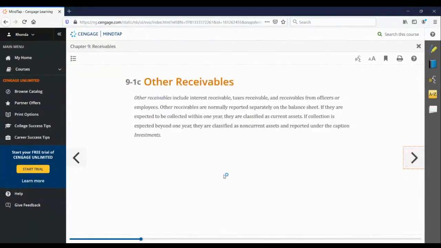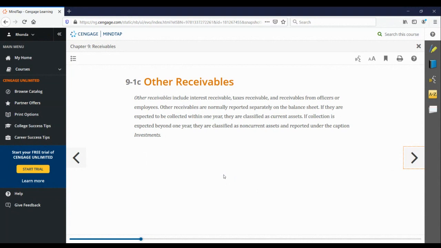There are some other receivables that you need to be aware of that are also assets on the balance sheet. Some of the other receivables will include interest receivable, which we would establish when we are accruing our interest at the end of the accounting period in an adjusting entry.